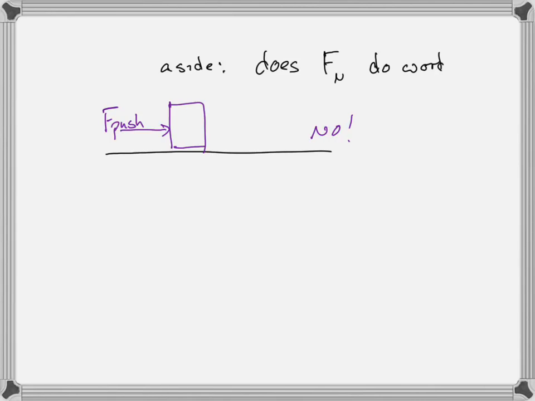So if I pick up this body from the floor, does the normal force do work? The answer is still no, because the normal force didn't make the body move off the floor. As soon as you pick it up off the floor, there is no normal force. But what if instead I take the floor, I put the box on it, and I move the entire floor up like an elevator?